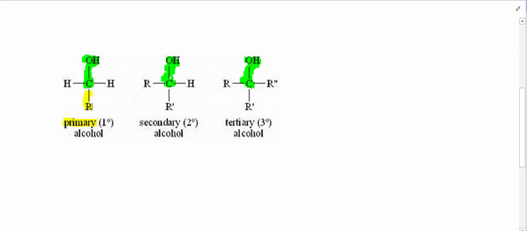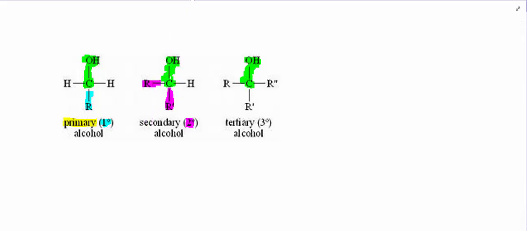In this case, you can see it's only got one carbon chain coming off of that carbon attached to the hydroxyl group. So that's primary. If we have a look at our secondary alcohol structure here, secondary or second degree, we notice we've got two hydrocarbon chains coming off of the carbon that's attached to the hydroxyl.